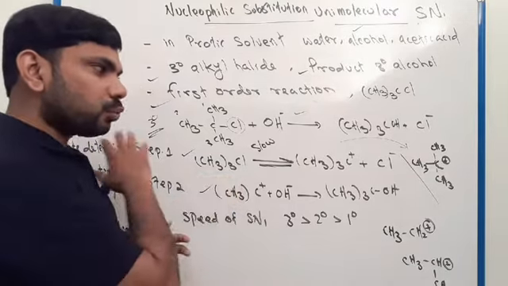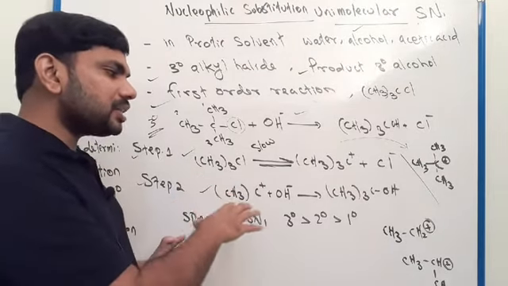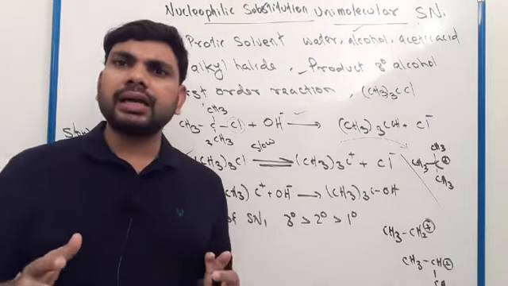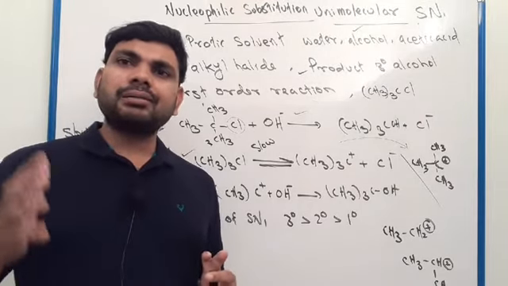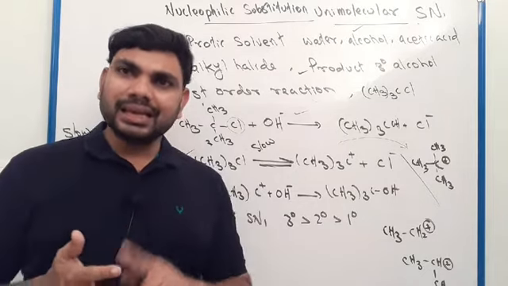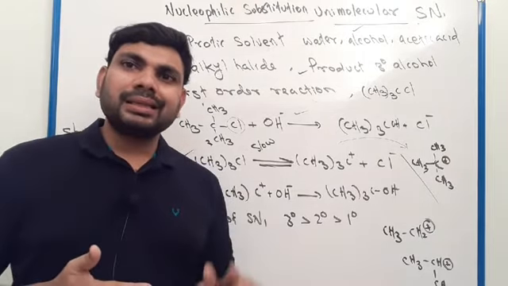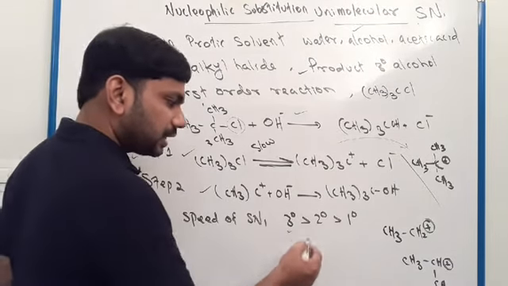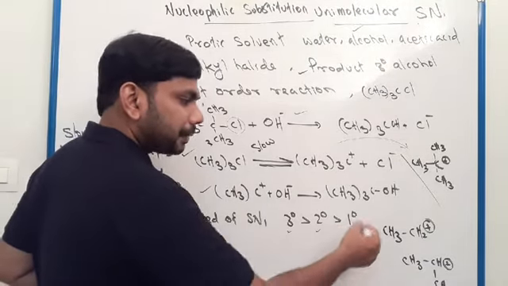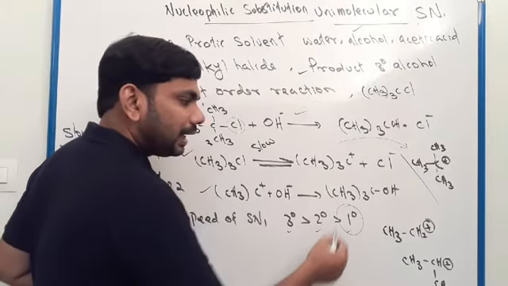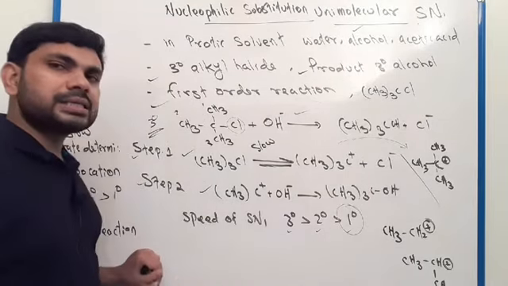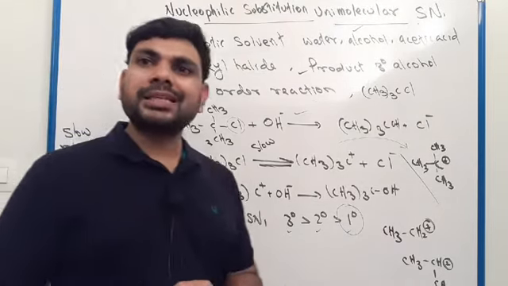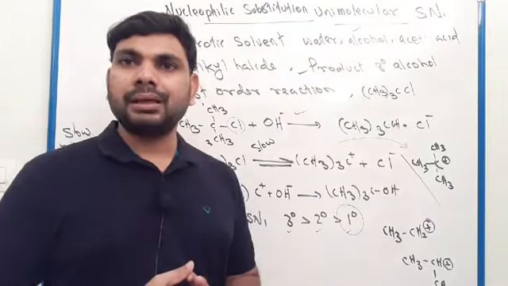So for the SN1 mechanism, we can arrange the order of reactivity: the rate of SN1 reaction is fastest in tertiary, then secondary, then primary. For primary alkyl halide, the SN1 reaction is very slow because the primary carbocation is much less stable.